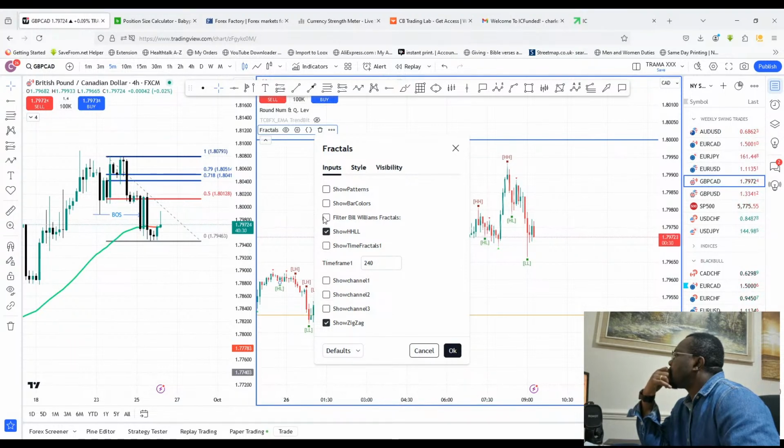Yes, higher highs, higher lows. Okay, yeah, that's what we'll do. So we use that and show zigzag. We don't want zigzag.